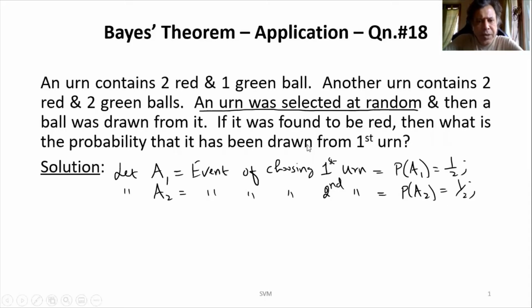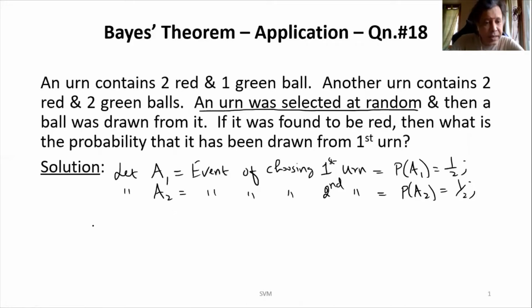So if I choose the first urn, it prevents me from choosing the second urn. Similarly, if I choose the second urn, it prevents me from choosing the first urn. So one thing is clear, A1 and A2 are mutually exclusive. And then if I add the probabilities, I get 1. That means these are the only two outcomes or events possible.